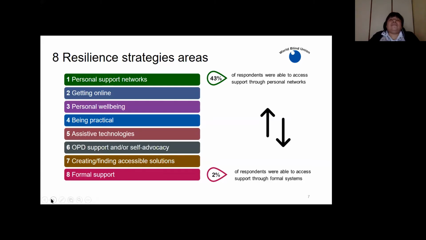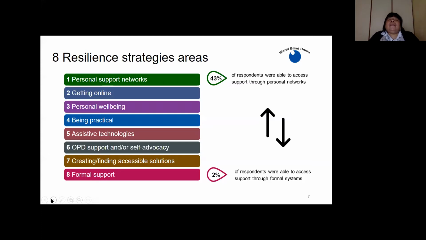First, personal support networks, then getting online, personal well-being, being practical, assistive technology, support from organizations of persons with disabilities, and also self-advocacy, creating or funding accessible solutions, and formal support.